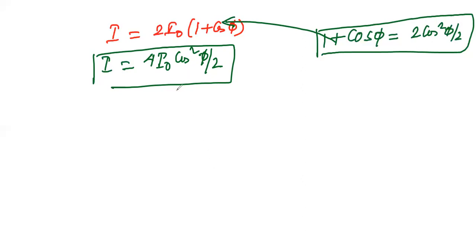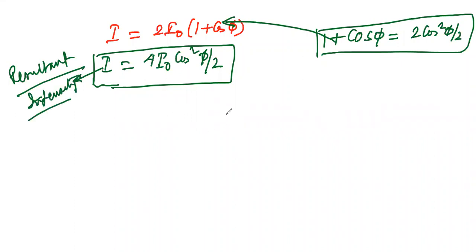So in this case, now just try to understand this part. I equals 4 I naught cos square phi by 2. In this case, you can see that when the resultant intensity will be maximum and when it will be minimum, we can easily find out now.